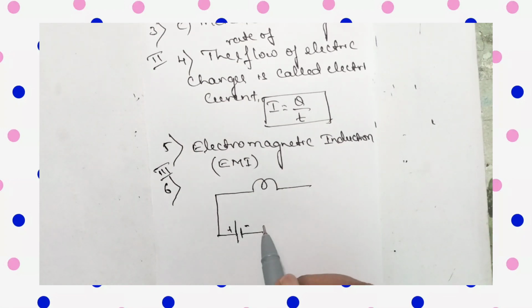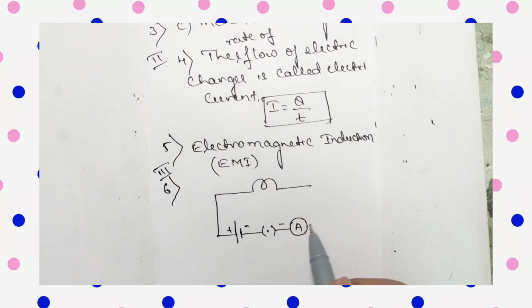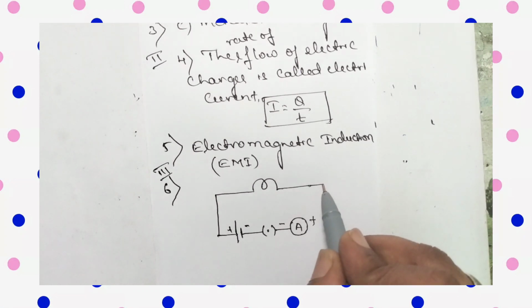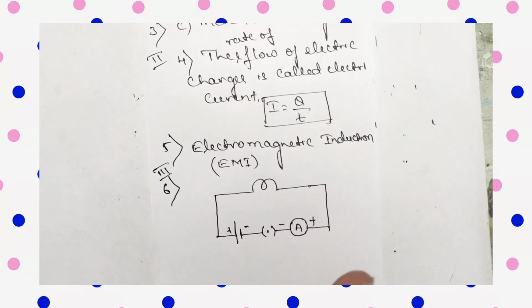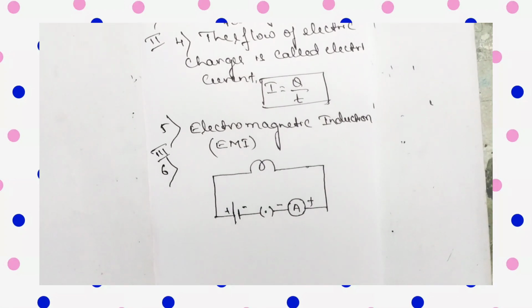Then this is the plug key, and one ammeter; the ammeter should always be connected in series. So this is the simple electric circuit.